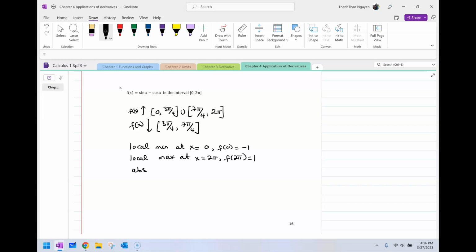You have an absolute max at x equals 3 pi over 4, f(3 pi over 4) equal to root 2. Oh, I switched your min and max. So this is your max, and this is the min at x equals 7 pi over 4, f(7 pi over 4) equal to negative root 2.